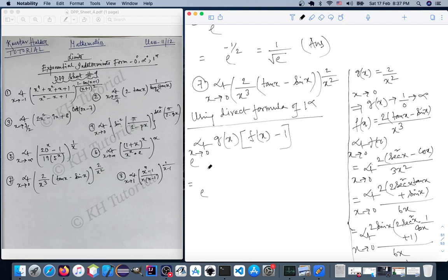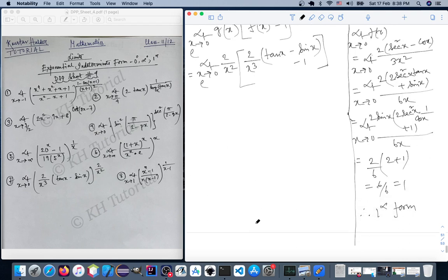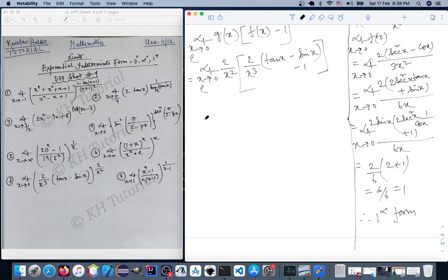This becomes 2 by x square times (2 by x cube times (tan x minus sin x) minus 1).